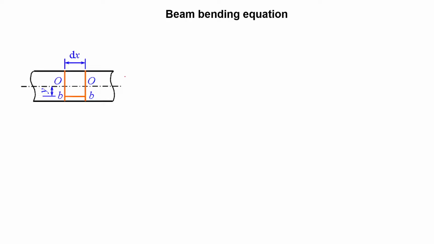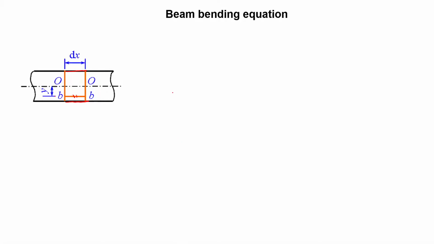The beam bending equations start by looking at the geometric relationship. At the beginning it is a straight beam. If you look at the top section, it will equal the bottom, and it will equal any arbitrary position. For example, y is the distance from the arbitrary location to the neutral axis.